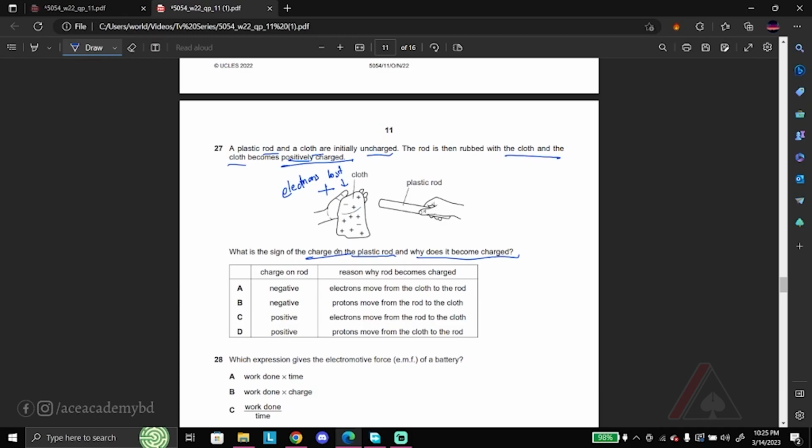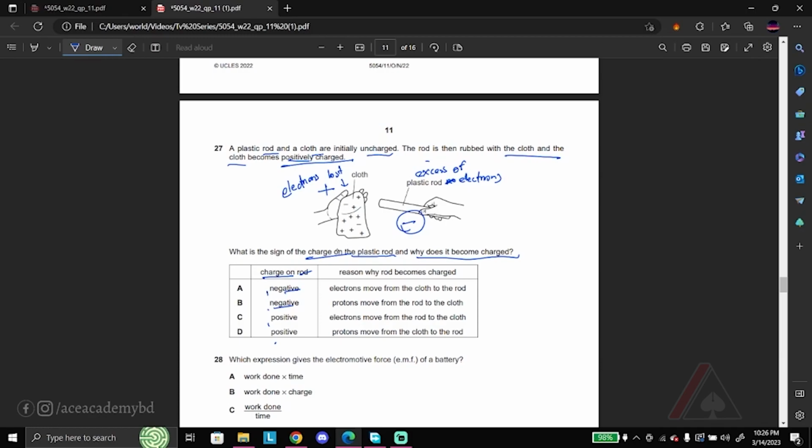Since it was rubbed with the plastic rod, this means the rod has gained the electrons, so it has an excess of electrons, which means it has become negatively charged. So the charge on the rod would be negative.